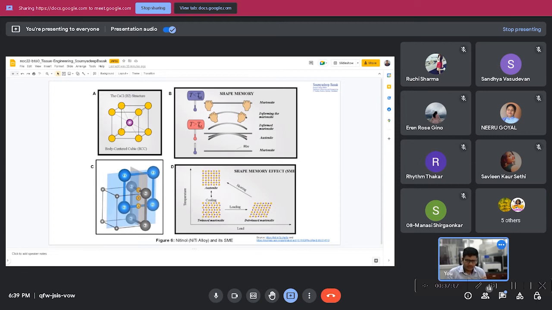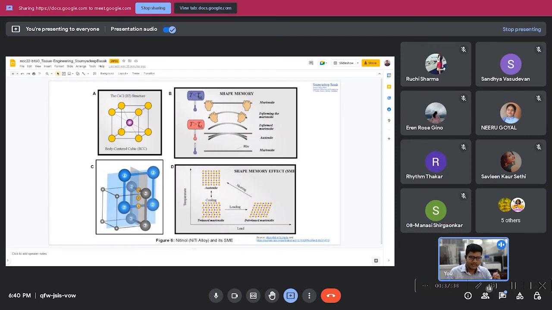What it actually means is that the austenitic form is the high temperature form and the martensitic form is the lower temperature form, and there is a reversible transition depending upon the temperature. Depending upon this temperature change, the shape memory effect occurs.